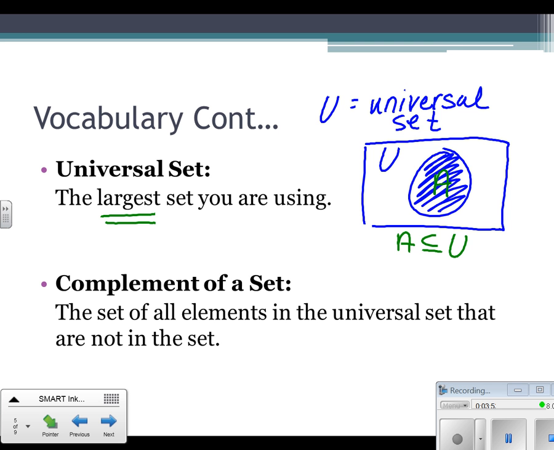The complement of a set is the set of all elements in the universal set that are not in the set.